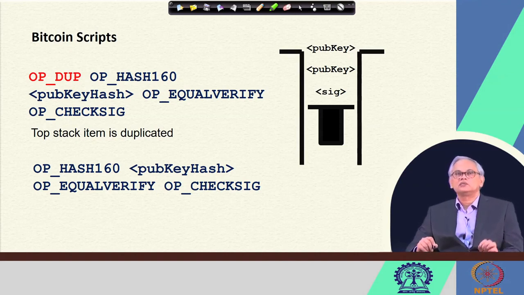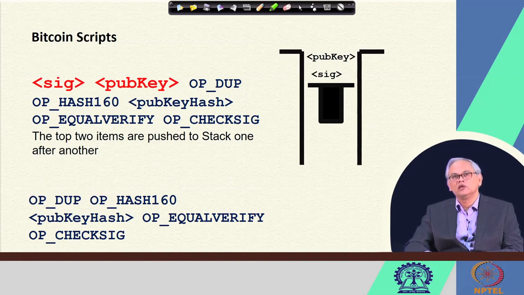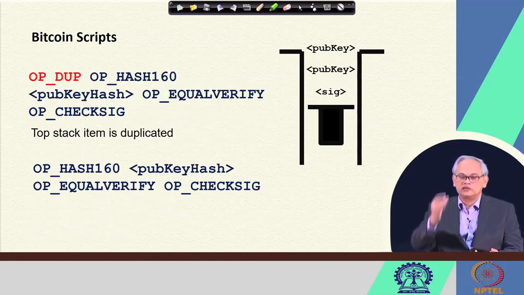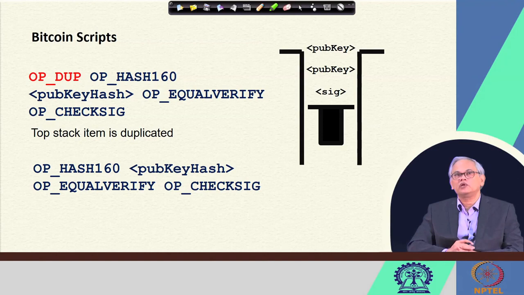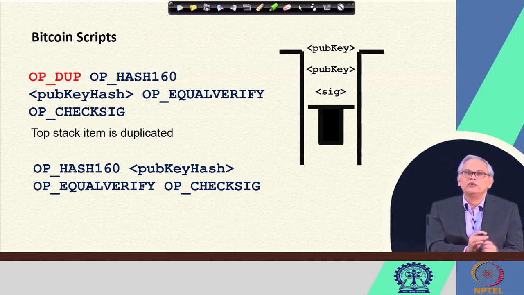It would be duplicating the top of the stack. And what was the top of the stack at that time? The top of the stack was the pub key. So, the pub key will be duplicated, and that is what is shown here, that pub key has been duplicated. And then on the left below we also show which part is now left.